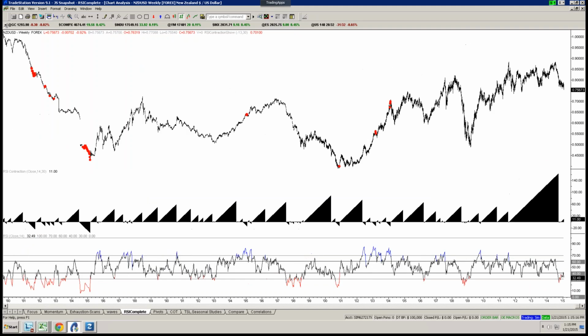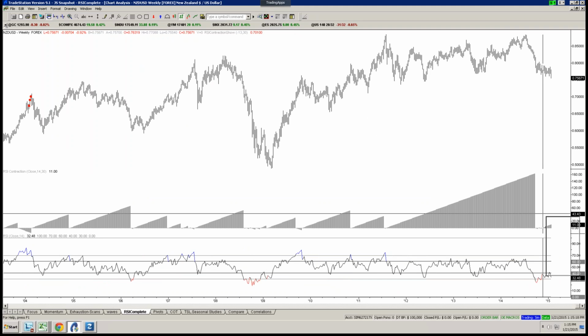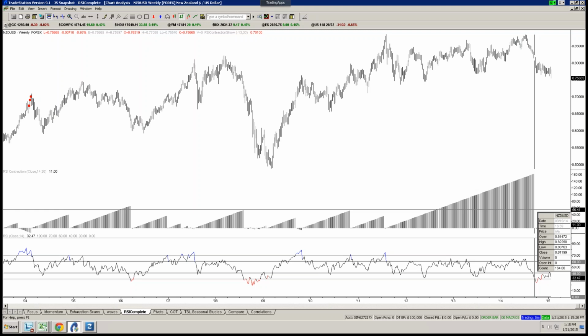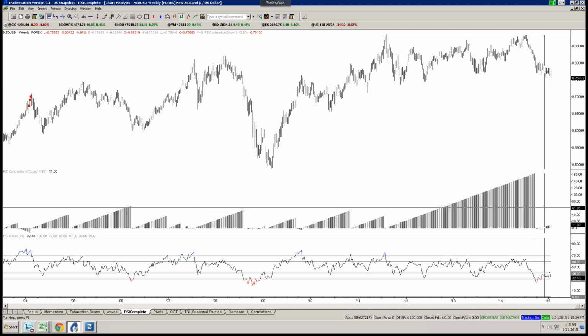So you can see Kiwi right now. Recently we had the biggest contraction, so-called contraction, in history in the Kiwi. That went into September. We registered oversold the next week. Since then, we've been consolidating.